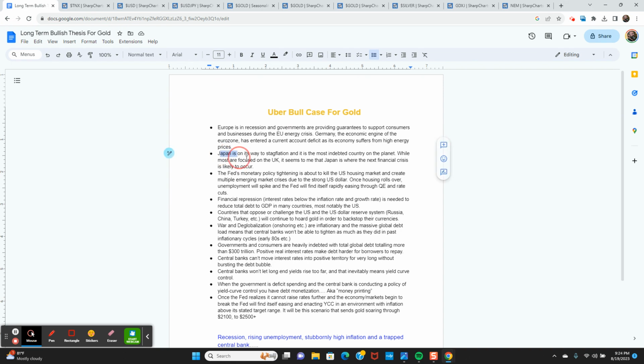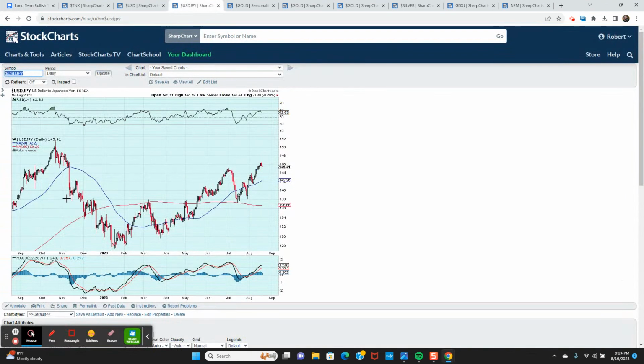Japan, this was a big headline last October. The UK and Japan were making the headlines last September, October, because their currencies, the pound sterling and the Japanese yen, were under big pressure at that time. Well, there was massive intervention in the Japanese yen market last October and November.